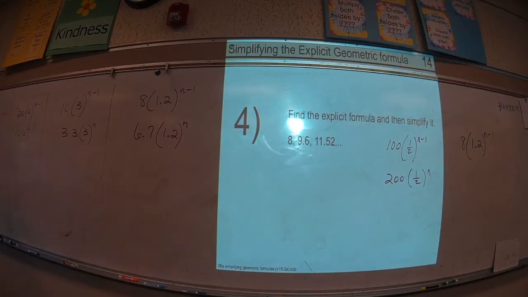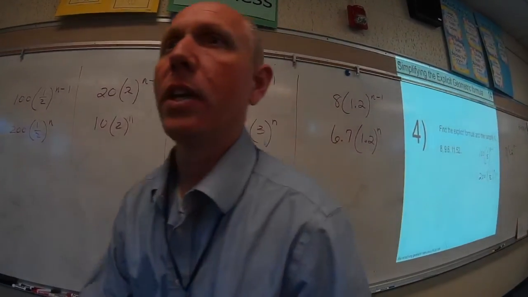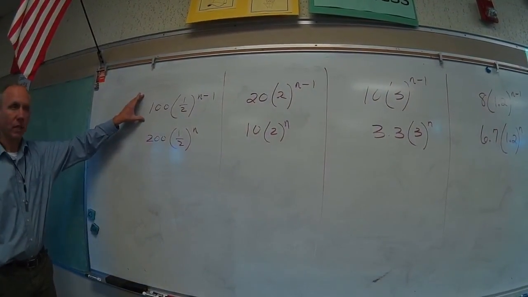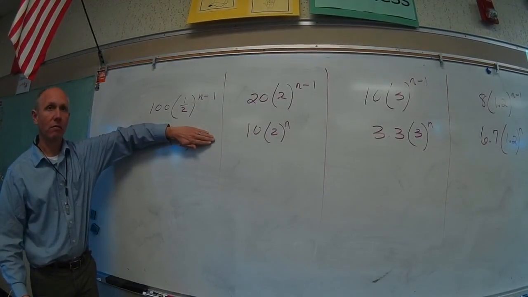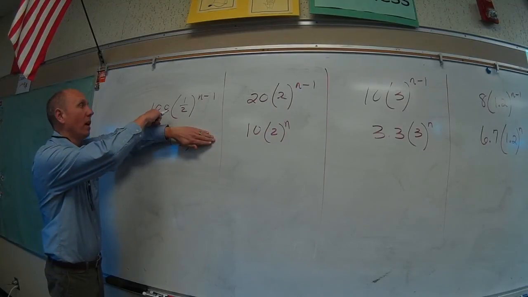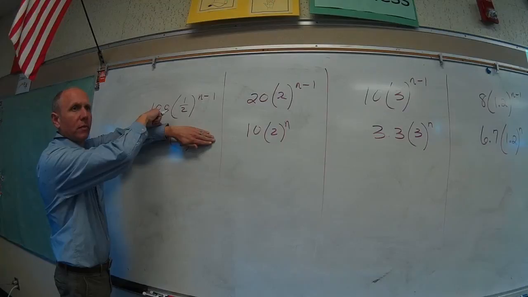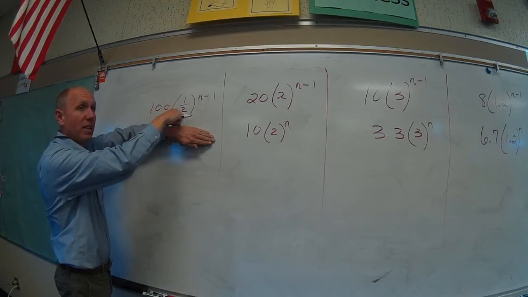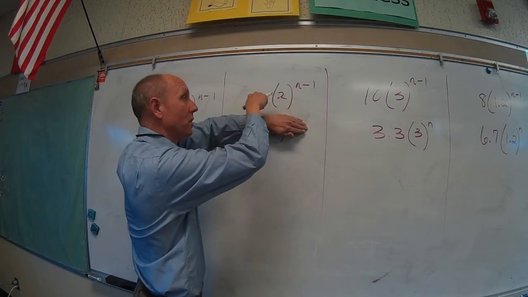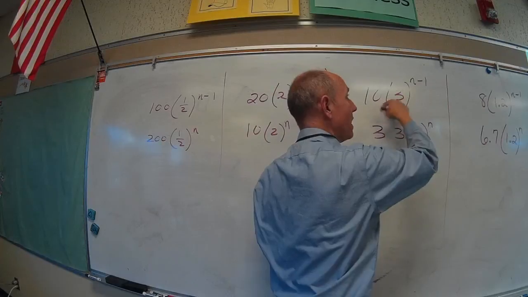But I didn't understand. The question now is, how do I do this when this is all I'm given? So imagine I can't see this. What's normally happening here? This is normally 100. What was the next term? 50, because it's 100 times a half. The next term is 40, because it's 20 times 2. The next is 30, because it's 10 times 3.